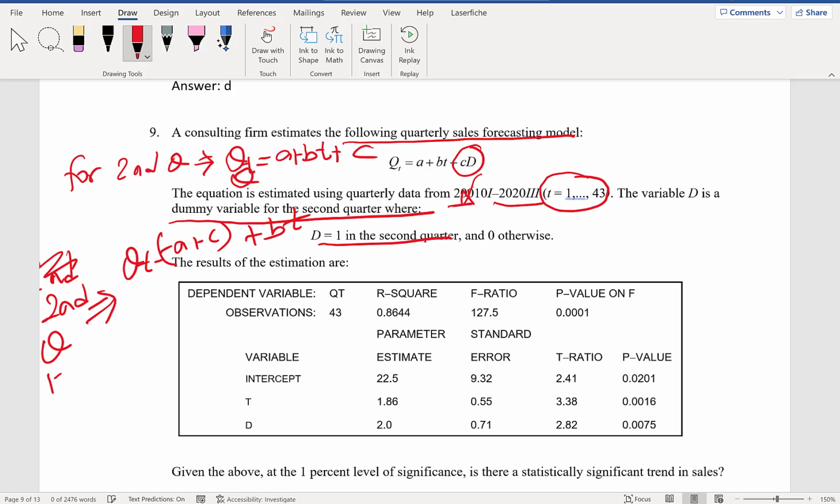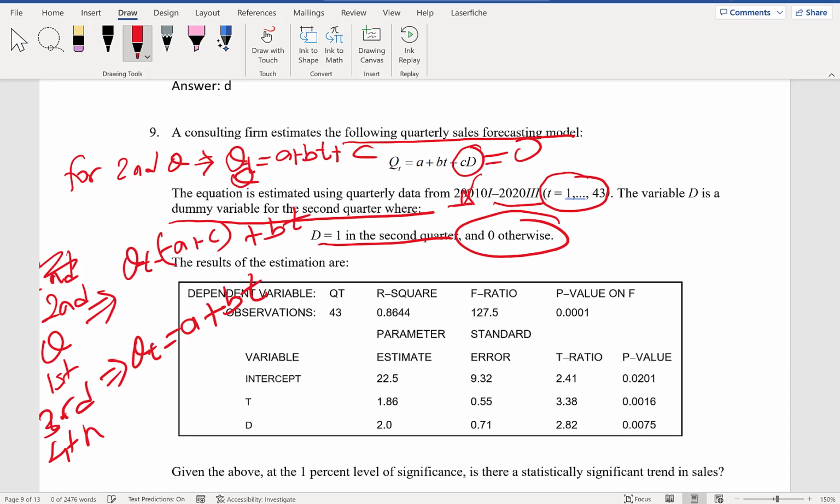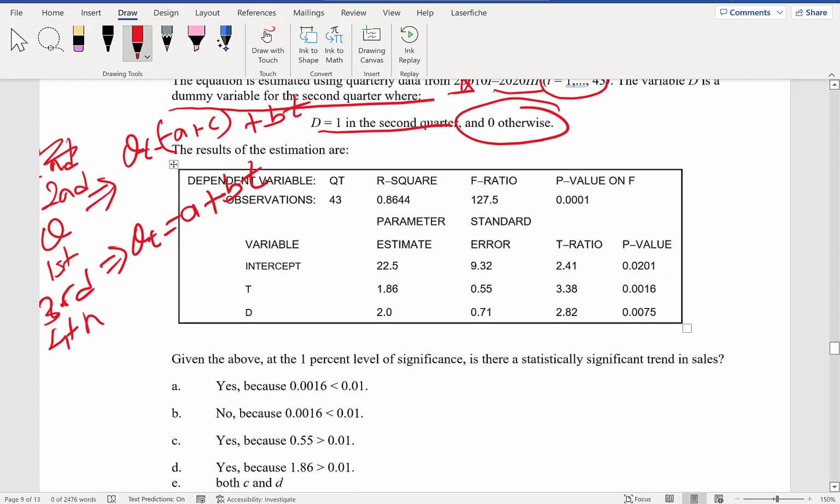For the first, third, and fourth quarters, your model looks like this: QT equals A plus BT. That's it. Why? Because D takes on a value of 0 for the other quarters, therefore it vanishes. Perfect. So this is the estimated model.